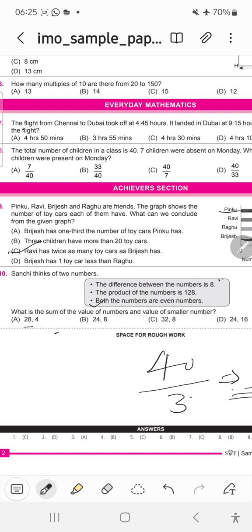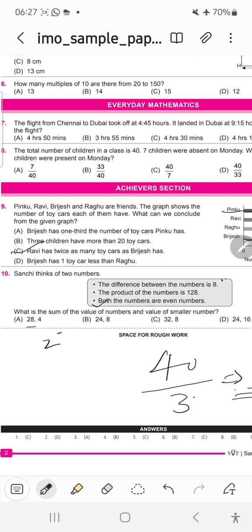We cannot get the value for 8 times 30. The product of the numbers is 128, so the last digit should be 2. The difference of the numbers should be 8.